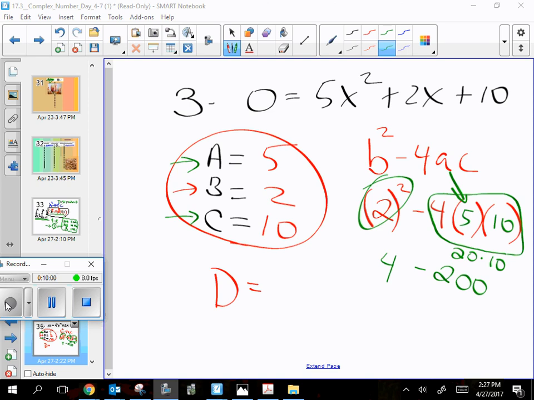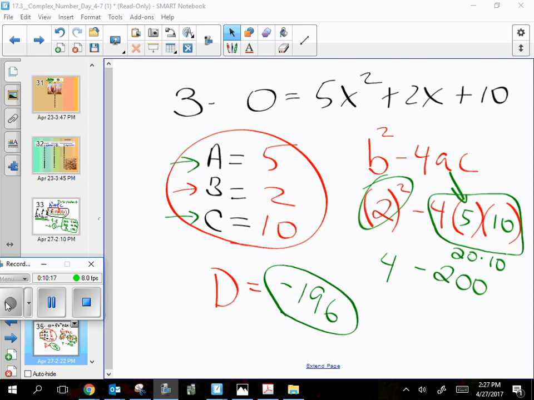Now, what is 4 minus the 200? Would you agree it's some big negative number? Negative 196. Very good. Now, can we be done once I say that D is negative 196? Nope, because remember me saying you had to tell what that means?